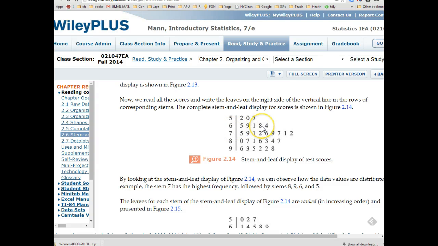There's a 68. And there's a what else in the 60s? 64. Does everyone get this? Okay, how about here? There's a 96, right? There's a 93. How many 92s are there? There's two 92s, right? Understand how it works?